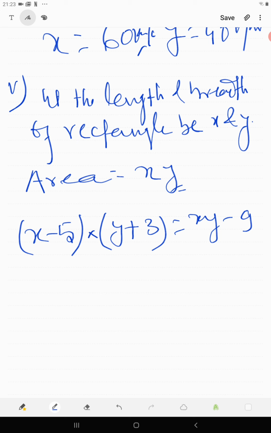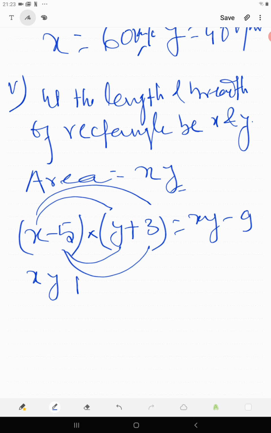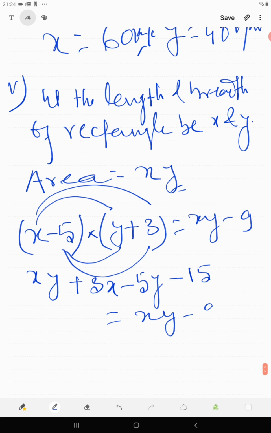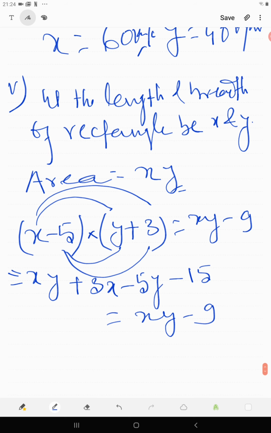Okay. Now multiply this. This should be multiplied with this, this should multiply with this, this should multiply with this, this should multiply with this. Okay. So xy plus 3x minus 5y, and then minus 5 into plus 3 is minus 15, equals xy minus 9. Simplify it.